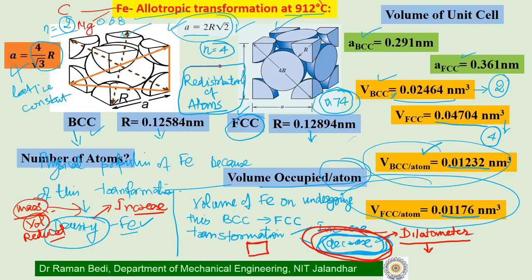It takes some time, and after that you will find that the transformation is complete. So the transformation starting temperature and the transformation completion temperature are not the same in the case of alloys. We can measure that with the help of an instrument called a dilatometer.